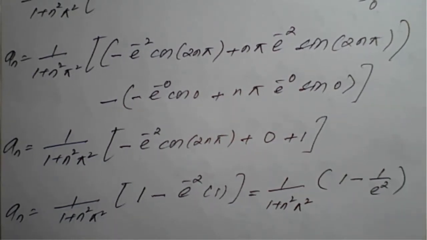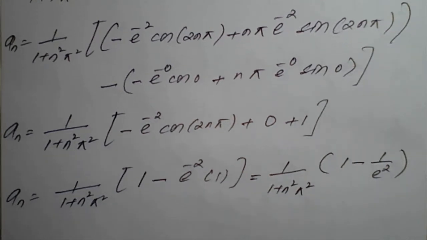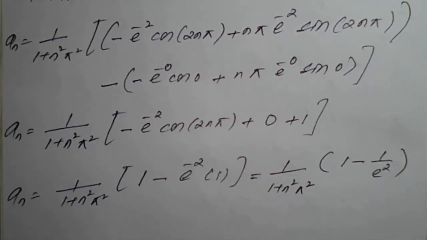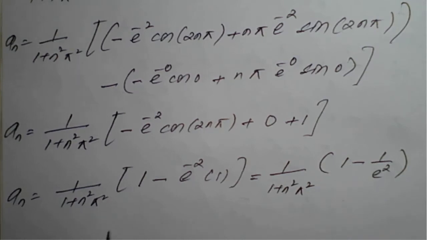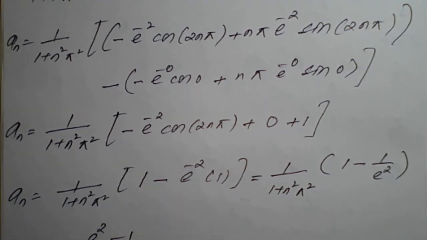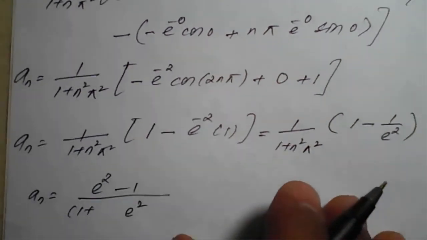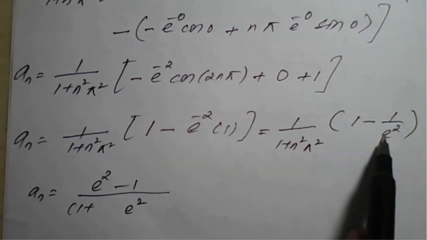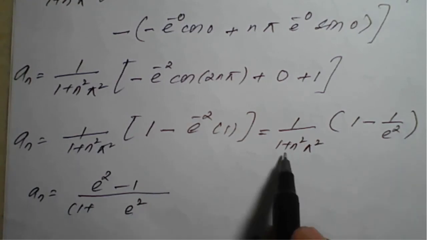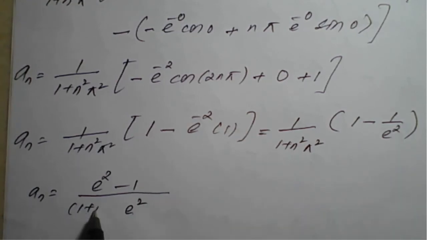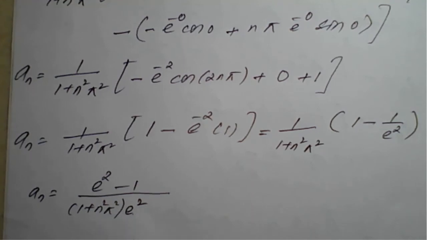Or on simplification, if you take the LCM, an is equal to e raised to 2 minus 1 divided by e square into 1 plus n square pi square.